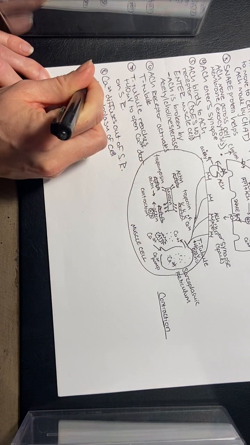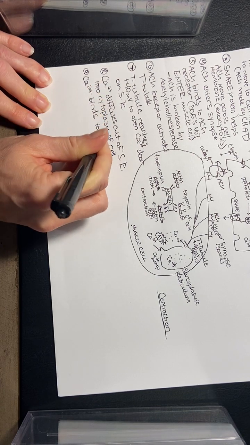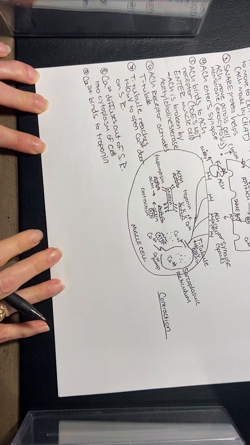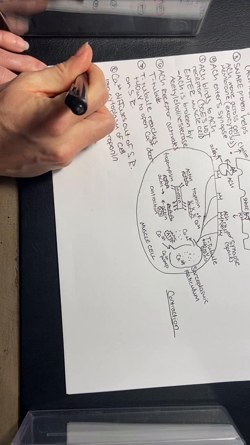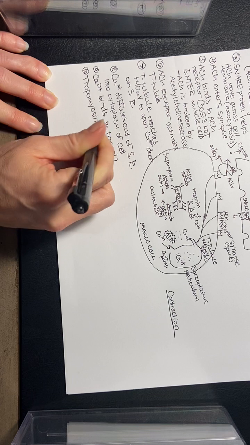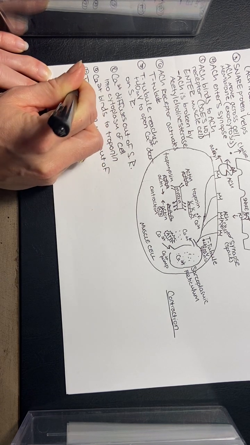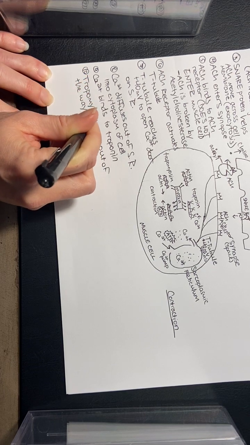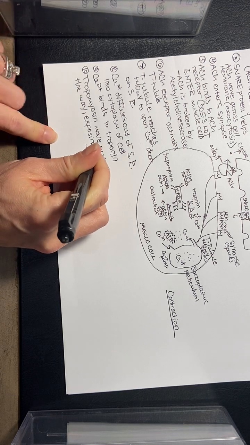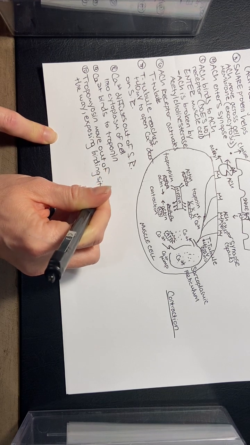And that calcium binds to troponin, which is a protein, which causes tropomyosin to move out of the way, exposing the binding sites for the myosin heads.